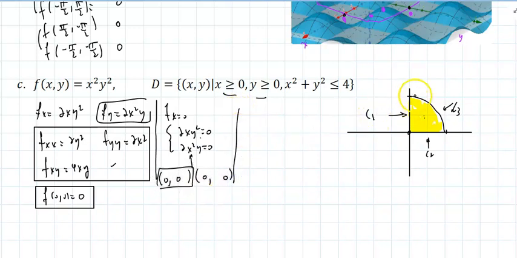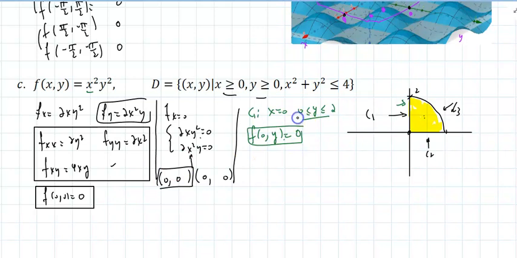Now comes the busy work. Along C1, this path, x equals 0, but y varies between 0 and 2. So if I replace x by 0, y I just leave alone, I'll get a 0. For any value of y, this value is going to be 0.